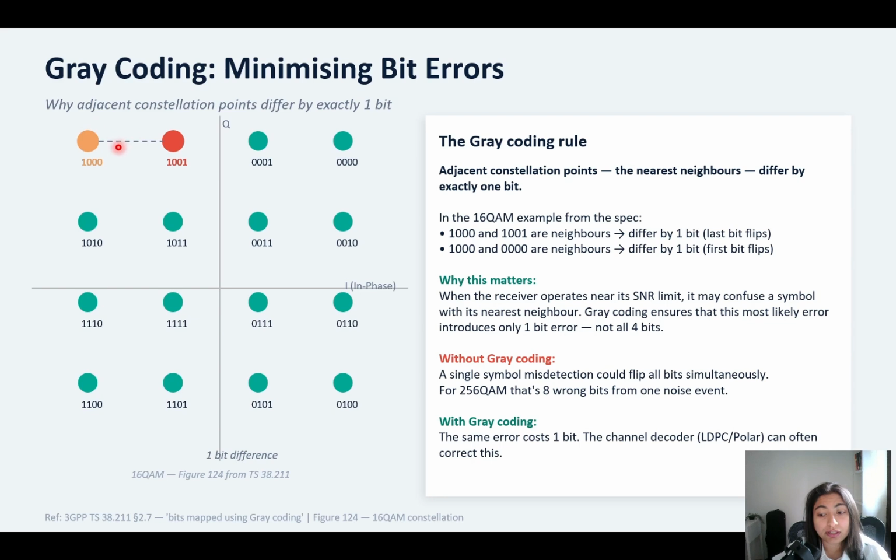Without gray coding, a single symbol error could flip all 4 bits in a 16 QAM or 256 QAM symbol simultaneously. The LDPC decoder sees 8 errors in one shot. This is much harder to correct. Gray coding turns that into a 1-bit error, which the decoder will be able to handle easily.